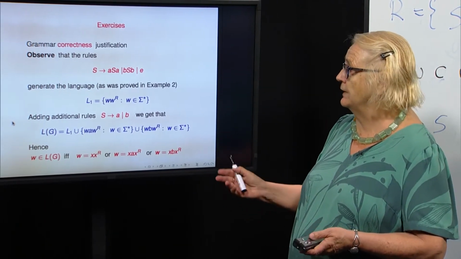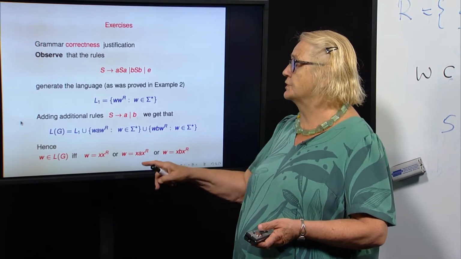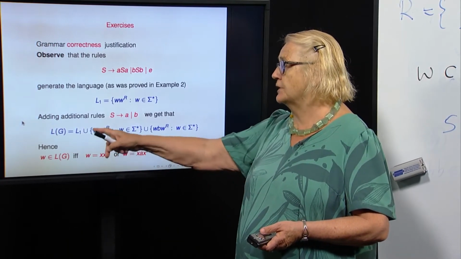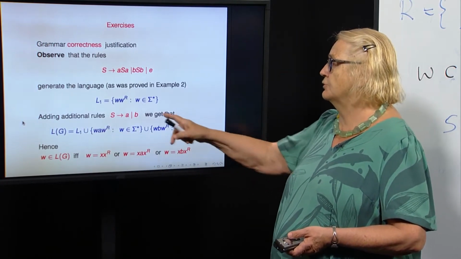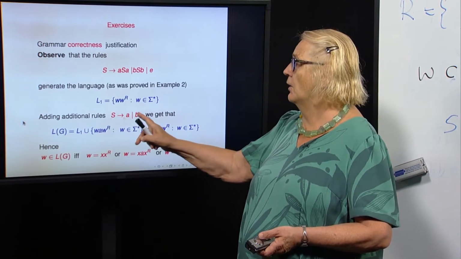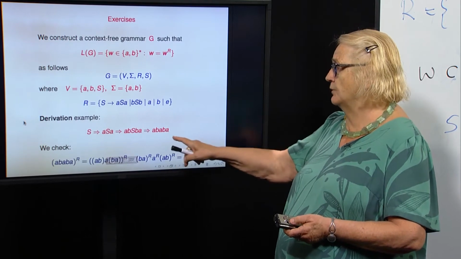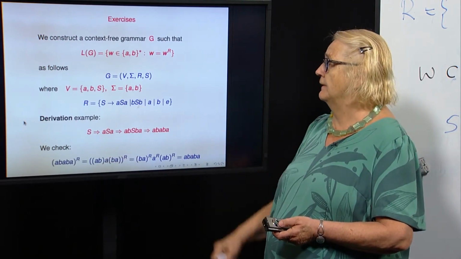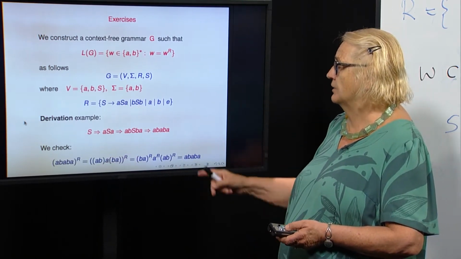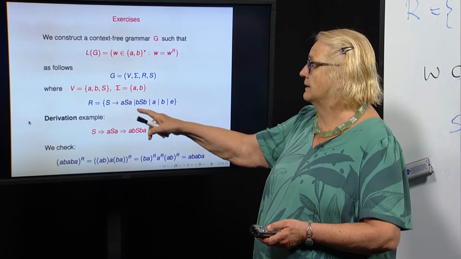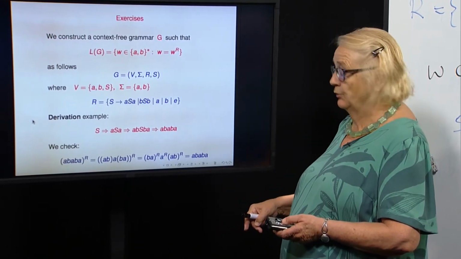And of course, when you have those two rules, if you have S to A or S to B, you have the first language, this is W, that is WW reverse.